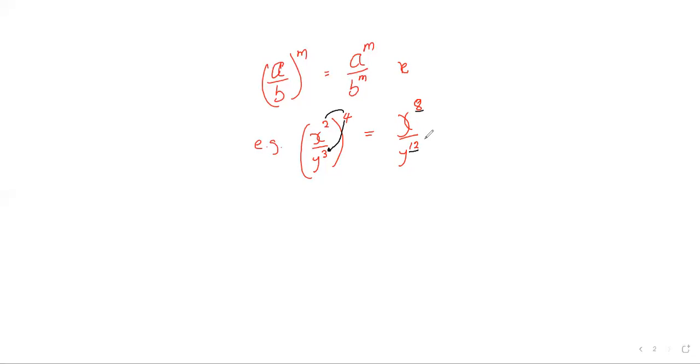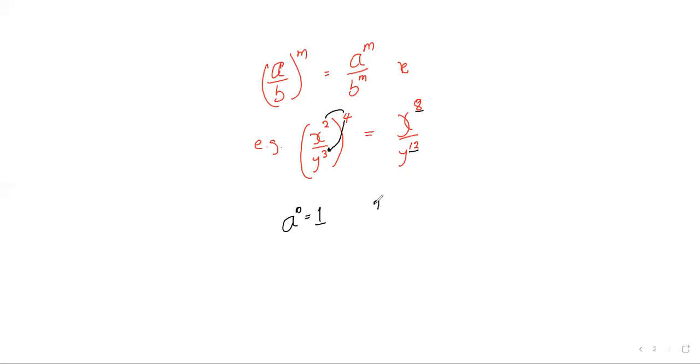Now, in a similar fashion, you have to understand that a and b are positive. Now, if you have any number, a to the power 0 is equal to 1.